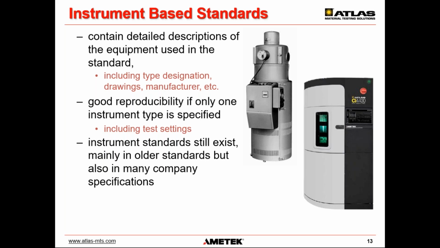Although no longer as popular as performance-based standards because of international requirements to allow for competitive designs and not to prohibit the inclusion of potentially more advanced technologies, instrument standards are still being used in some of the older standards, as well as individual company specifications that require a higher level of accuracy in the results, which are not attainable with performance-based standards.